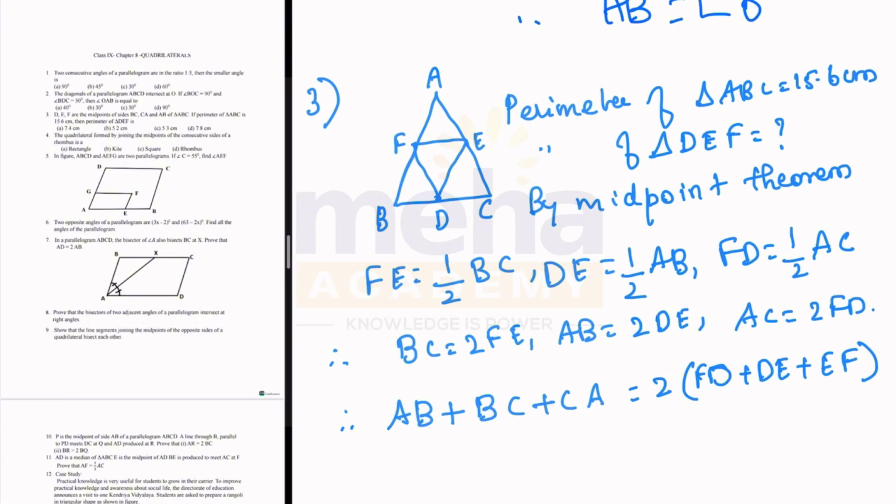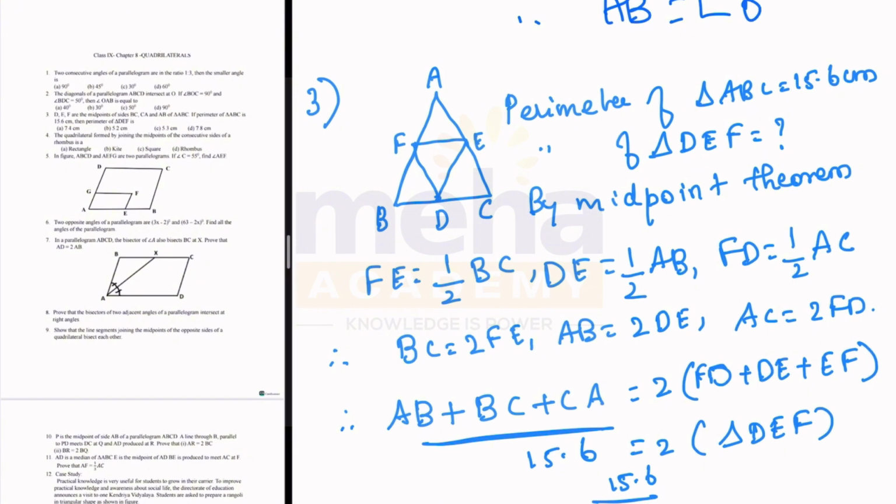I am taking the 2 common out. So now we know this perimeter is 15.6. So the perimeter of triangle DEF is equal to 15.6 over 2. That gives me the answer 7.8 centimeter. So the answer is 7.8 centimeter.